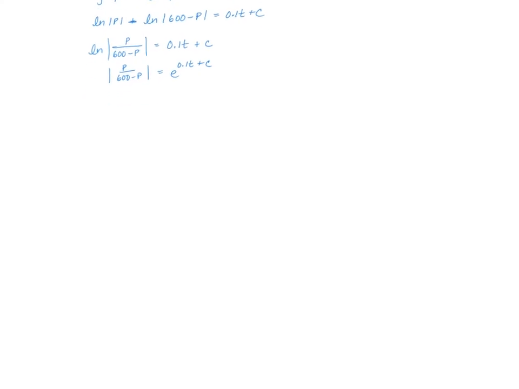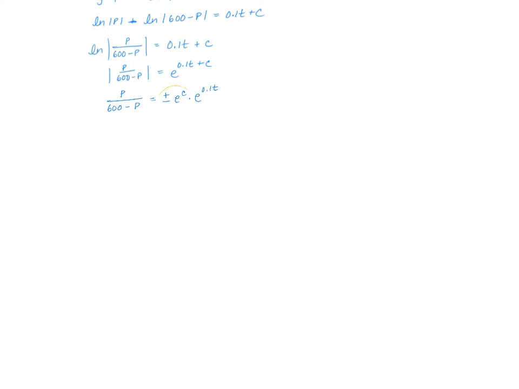To get rid of the absolute values, I need to algebraically write plus and minus on the right-hand side. And I'm also going to break up e to the 0.1t plus c as e to the c times e to the 0.1t, which I can do by algebra rules. Now, e is about 2.72, and c is just a constant.